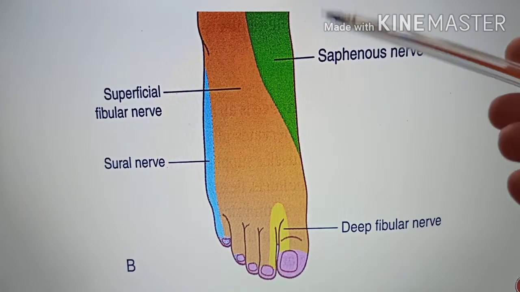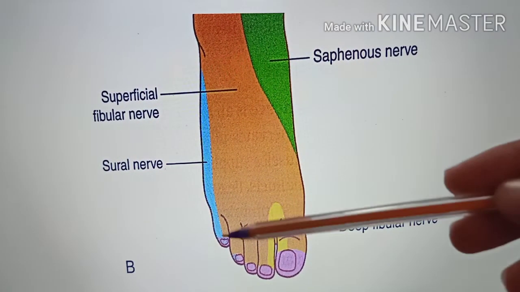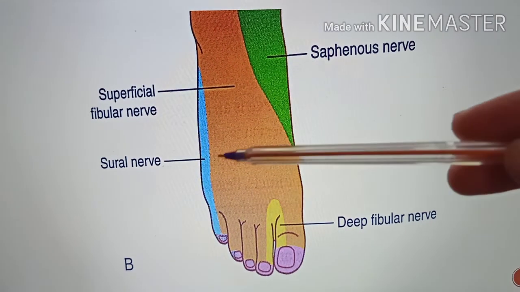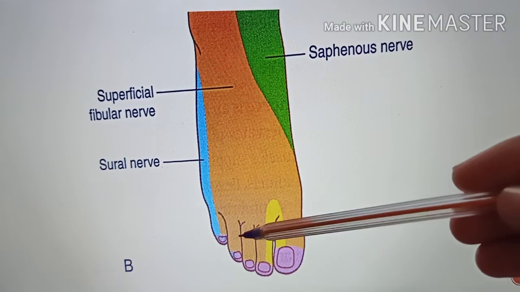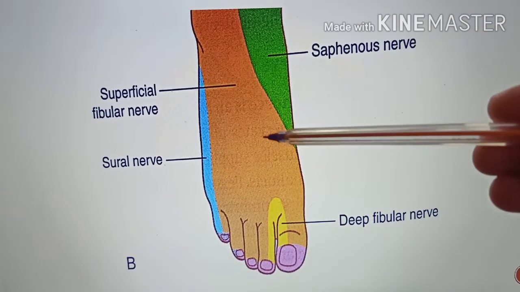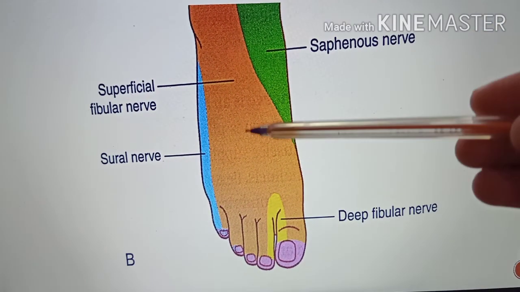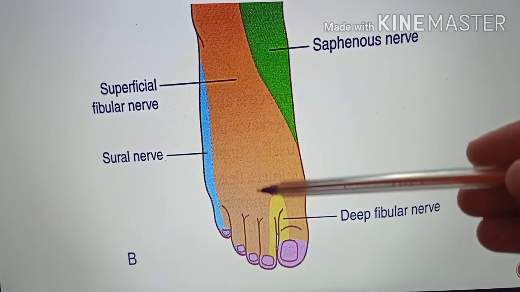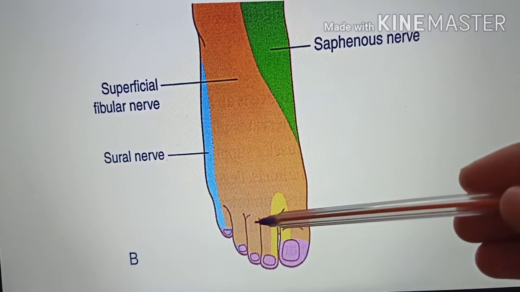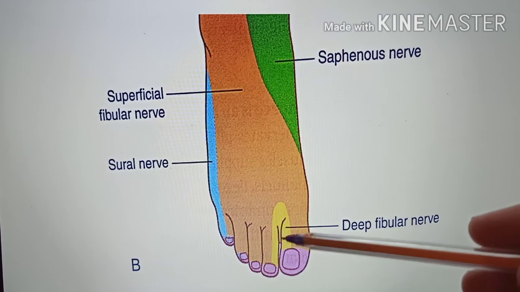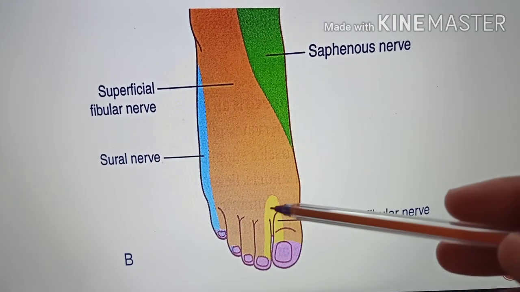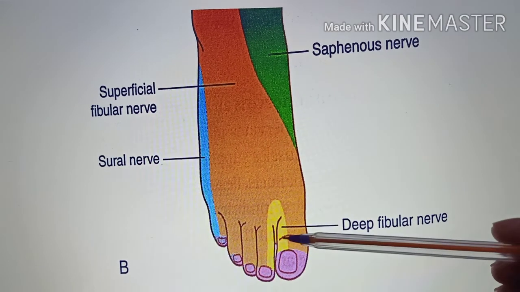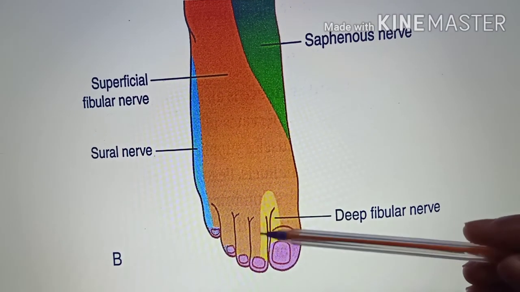So in this colorful diagram, you can see the regions which are supplied by these cutaneous nerves. The superficial fibular nerve, shown in this brown color, the superficial peroneal nerve, is supplying most of the dorsum of the foot. Here you can see the deep peroneal nerve which is supplying the first interdigital cleft between the great toe and the second toe.